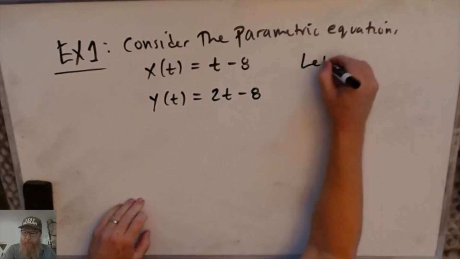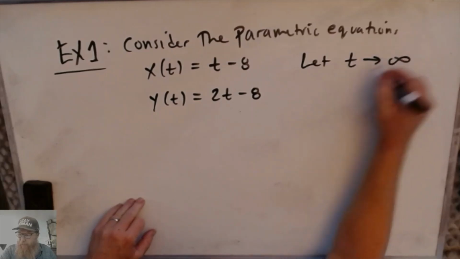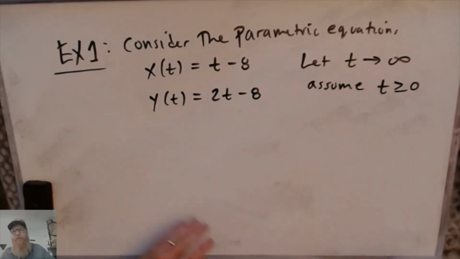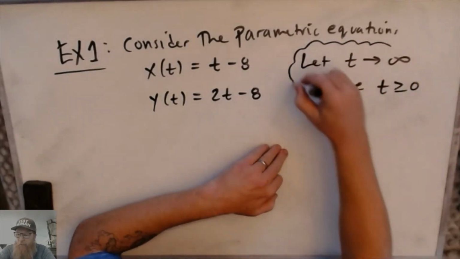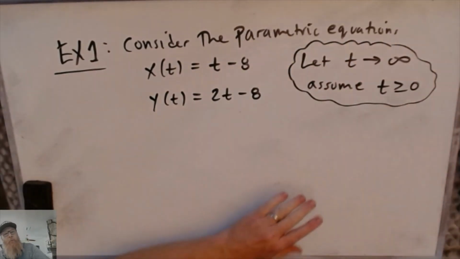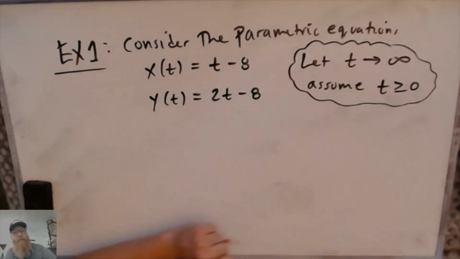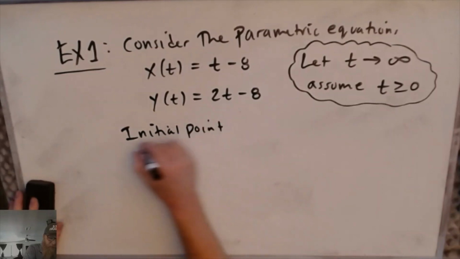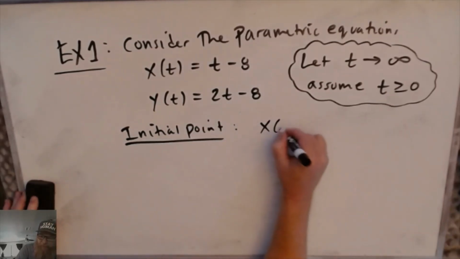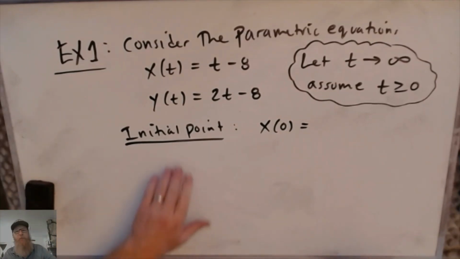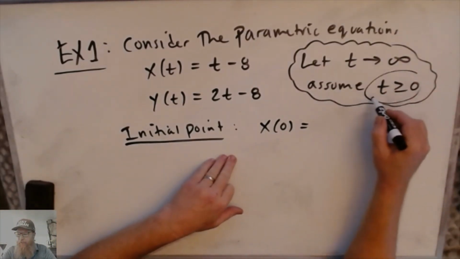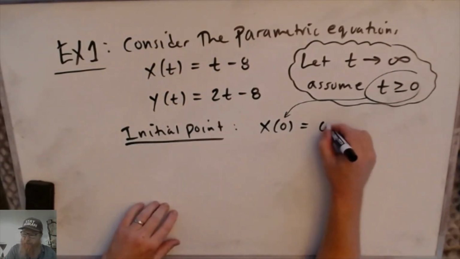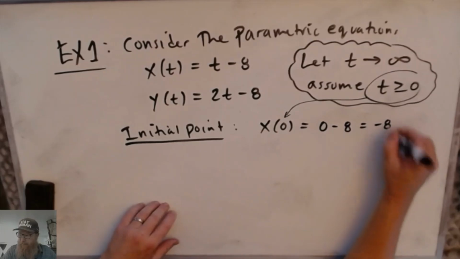We're going to let t go to infinity, and we're going to assume that t is greater than or equal to 0, so we're not going to go backwards in time. We're going to start at t equal to 0. This is sometimes called the initial point. So x of 0, what happens if you plug in 0 for t? It's going to give you my initial x value.